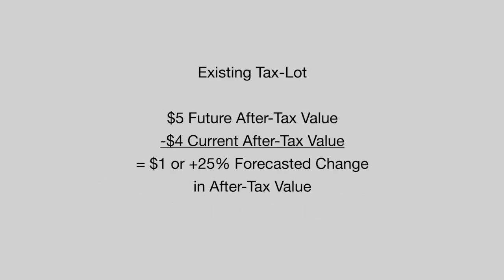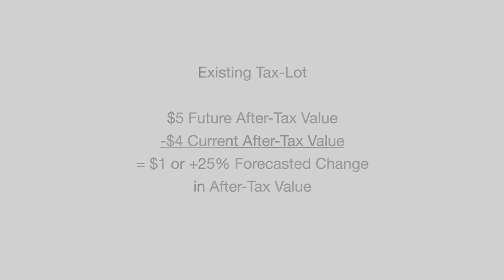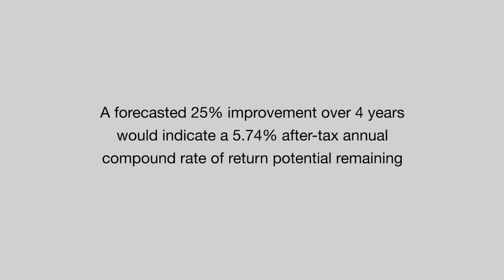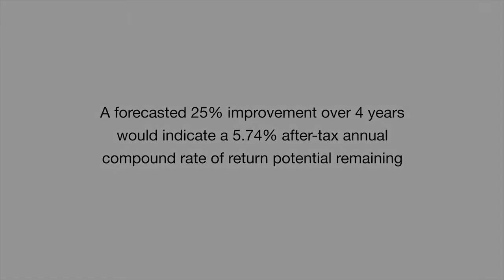A loss should be realized when the extra after-tax value forecasted by holding onto a tax lot, by comparing its current after-tax value against a forecasted one, is measurably less than the amount of after-tax value that can be generated by reinvesting the tax lot's after-tax value at a reasonable forecasted rate of return with its tax consequences taken into account. In the end, a loss is harvested to its fullest value by offsetting losses against profitable investments that are the most fully valued, giving up the least in terms of future performance.